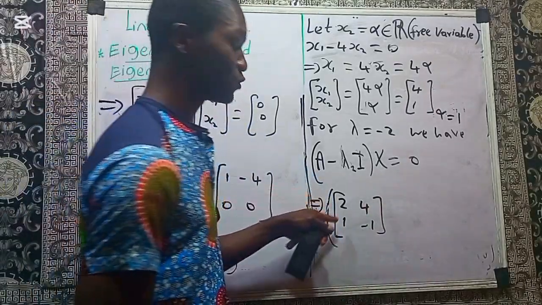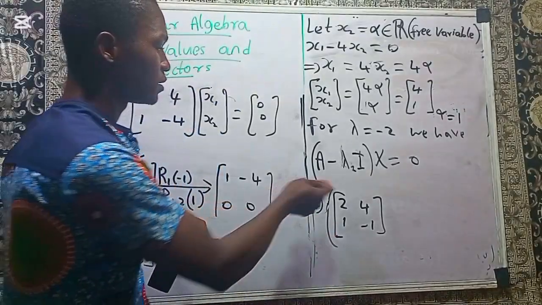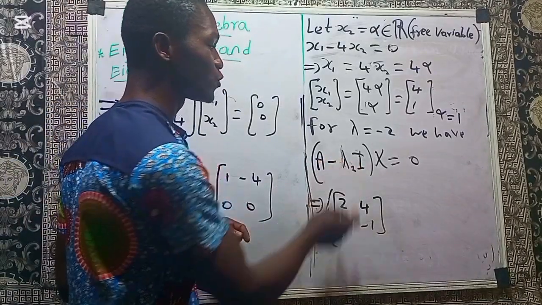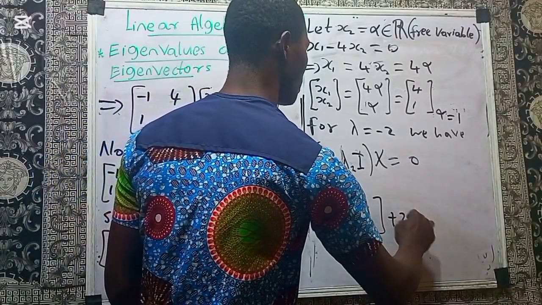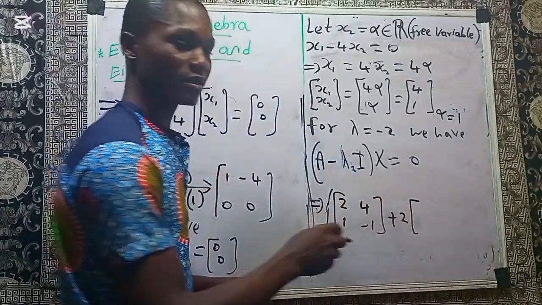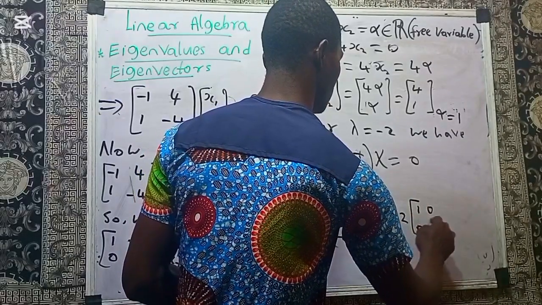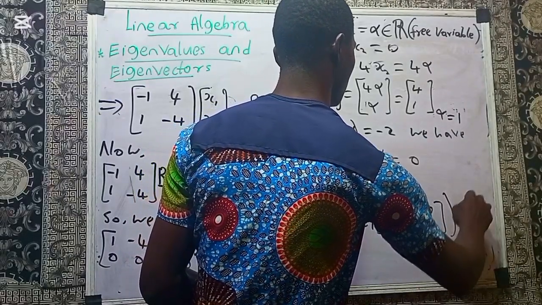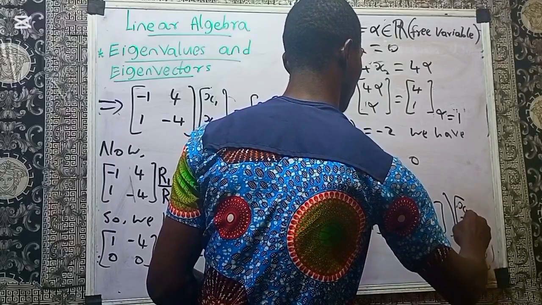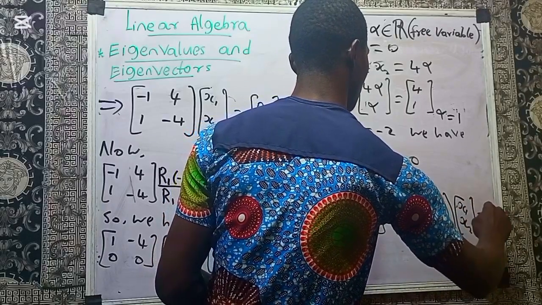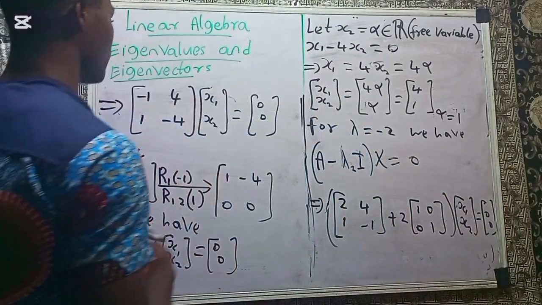Then we are going to have lambda 2. Lambda 2 is negative 2. So we are going to do negative negative, which will be positive 2 multiplied by the identity matrix I. So this is our identity matrix. Then your x is the column vector, then equated to the 0 matrix. So this is what we have.